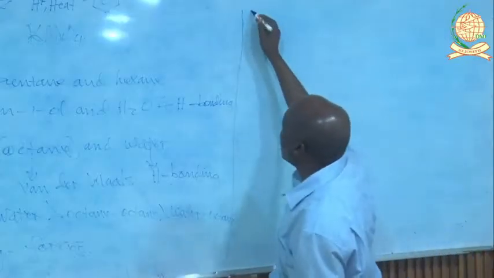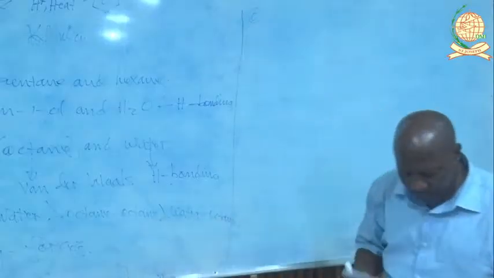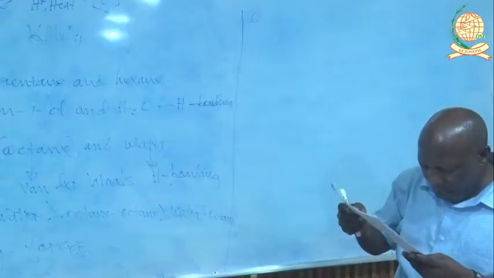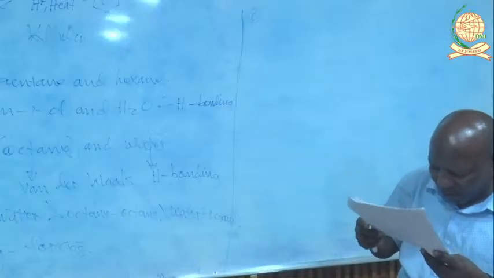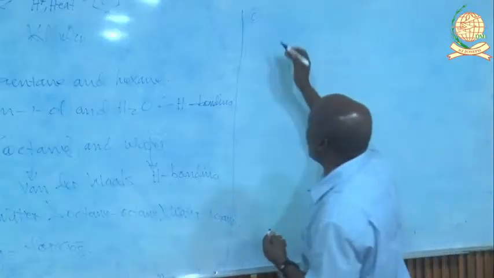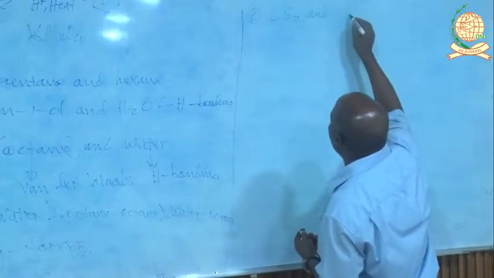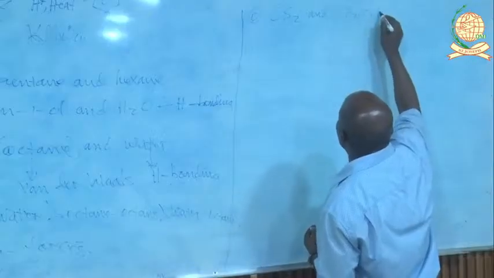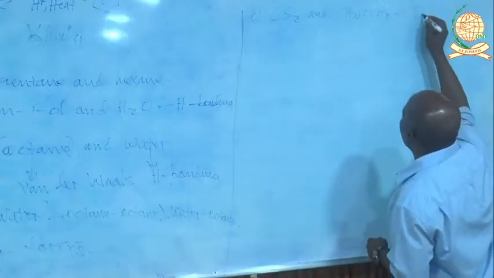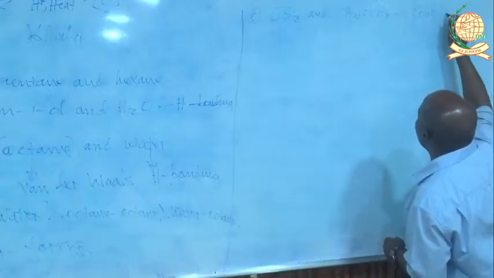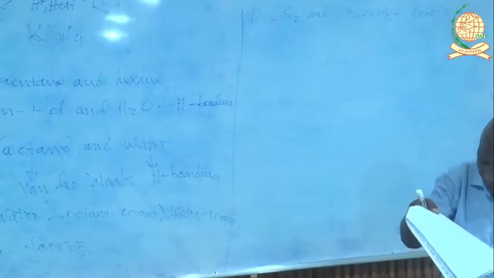Then question number 1C. A mixture of acetone, CH3COCH3, and carbon disulfide shows a positive deviation from Raoult's law.